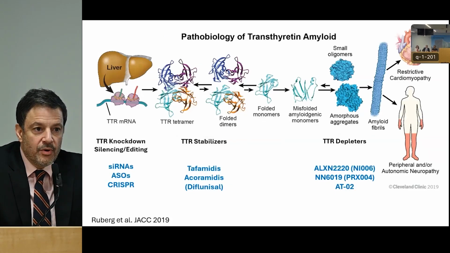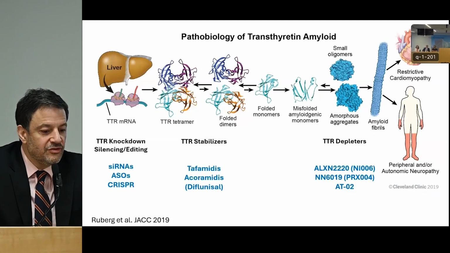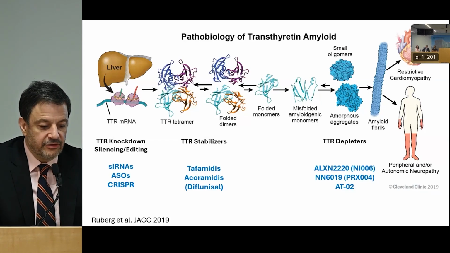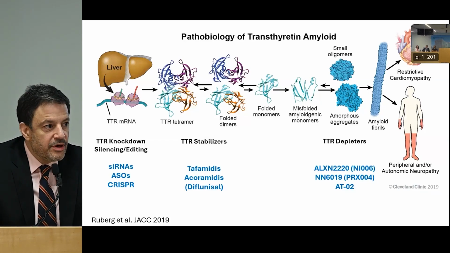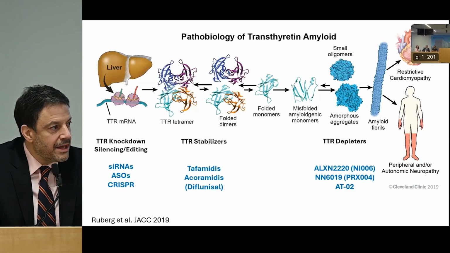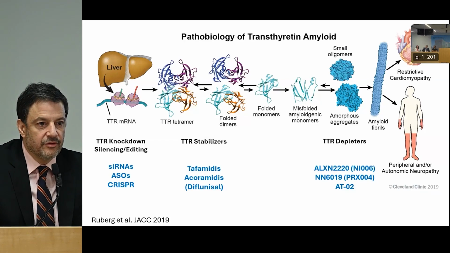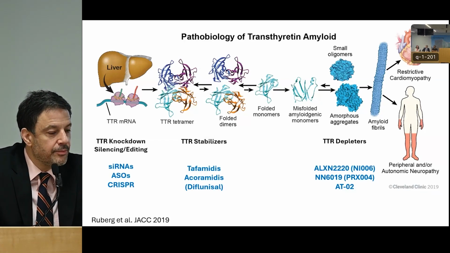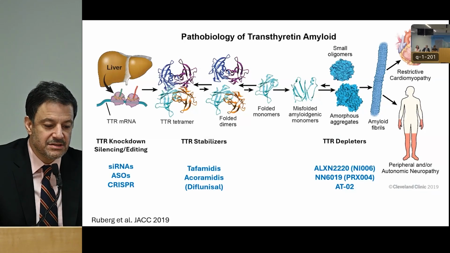And remember that as far as the treatment, we've been able to, by understanding the biological underpinnings, knock down production of TTR by the liver, stabilize the tetramer, and now a couple antibody studies that we're involved in to try to actively remove it from the heart. Now, full disclosure, still the only FDA-approved drug for this condition is tafamidis in the middle there.